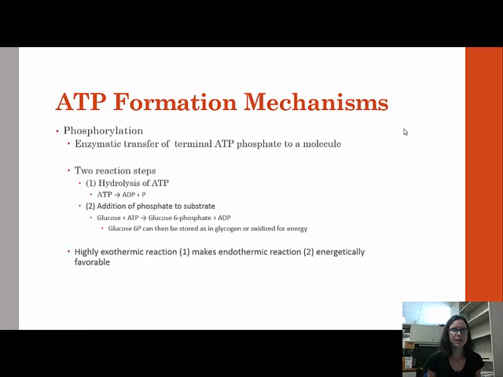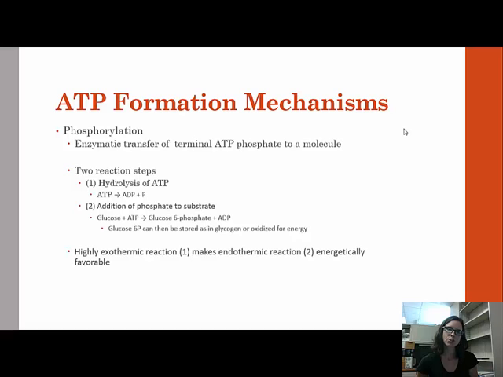Now, how is ATP formed? Well, counterintuitively, it begins with phosphorylation. That is the enzymatic transfer of a phosphate from an ATP to another molecule. Transfer of the phosphate. Now, this might be counterintuitive because you're thinking, I thought we were supposed to be making ATP, but it really takes this initial investment of phosphorylation.